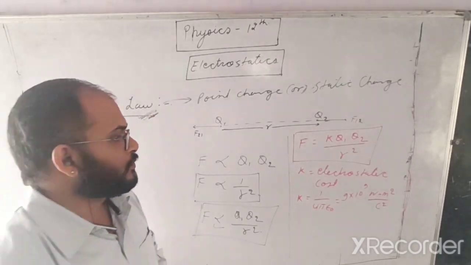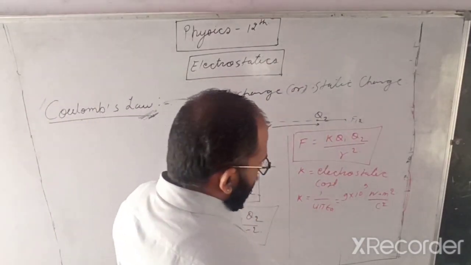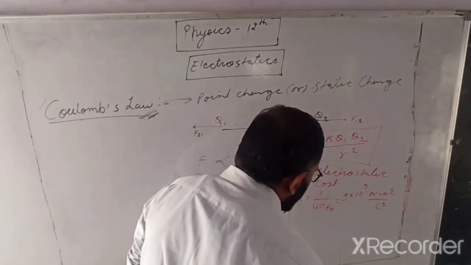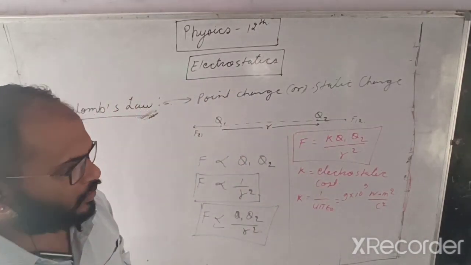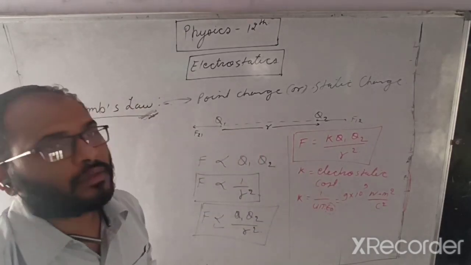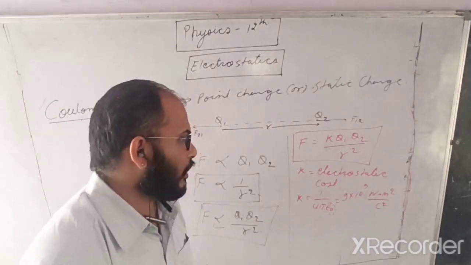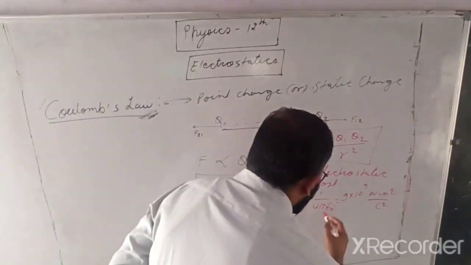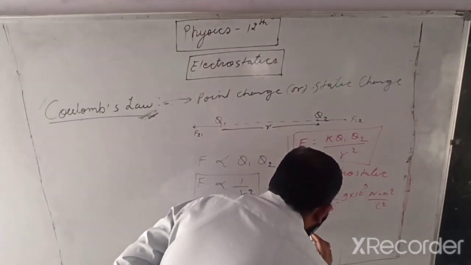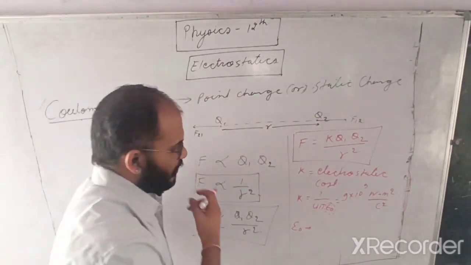Now the next point: in simple form, this is the constant, and epsilon naught is the permittivity of free space.